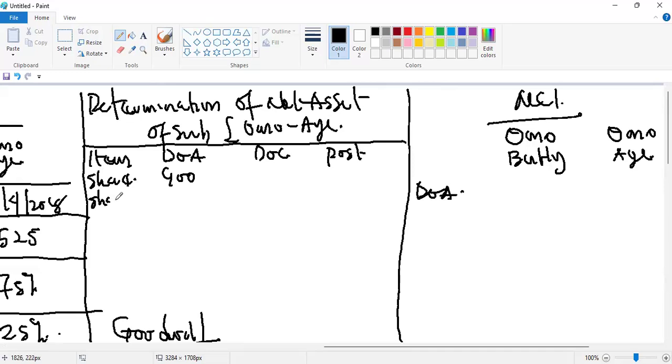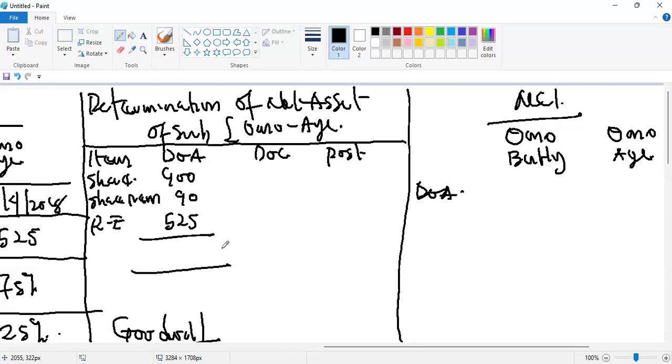The share premium, 90. Retained earnings at the date of acquisition, 525. He has told me no changes to the net assets. That's what he said. No changes.